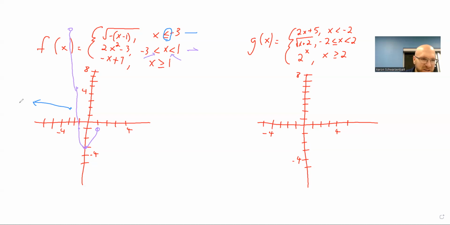Now finally, I just graph my final piece. And this is a line, -x plus 7. So that y-intercept of 7, slope of -1. And again, this is just a line going down.